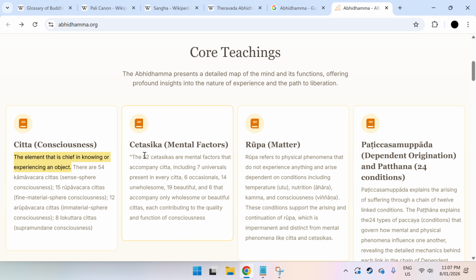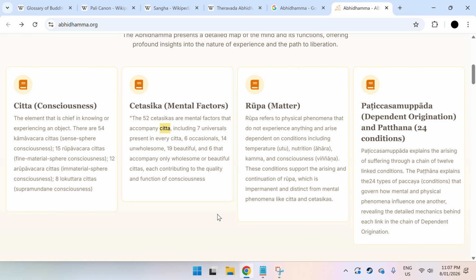The 52 cetasikas are mental factors that accompany citta, including seven universals present in every citta, 6 occasionals, 14 unwholesome, 19 beautiful, and 6 that accompany only wholesome or beautiful cittas, each contributing to the quality and function of consciousness.